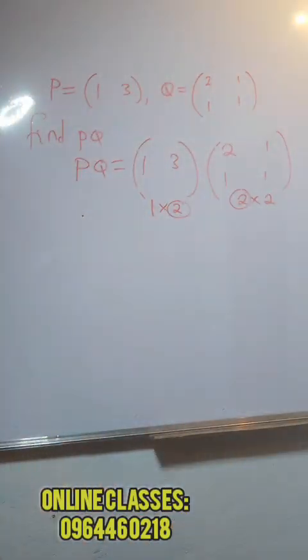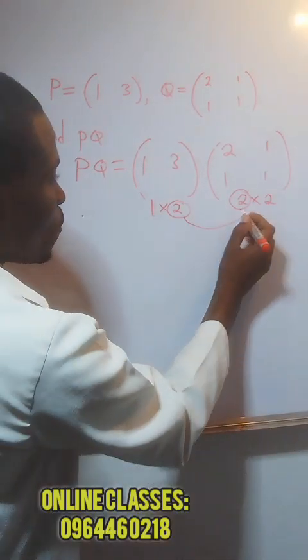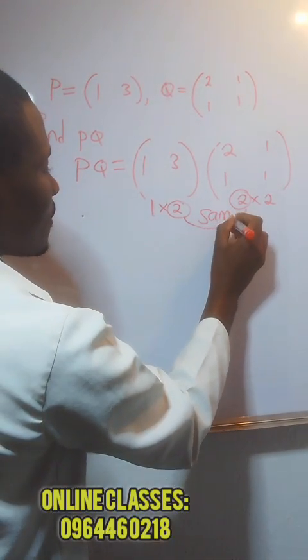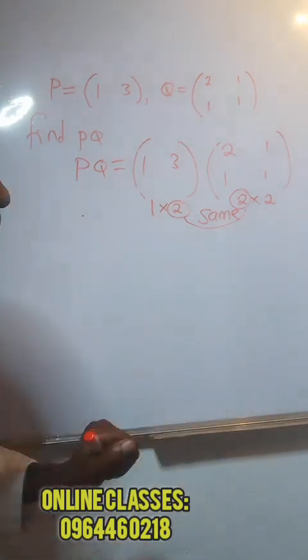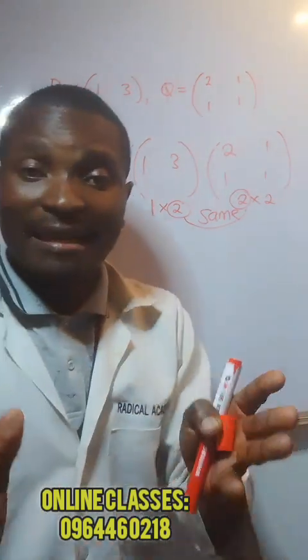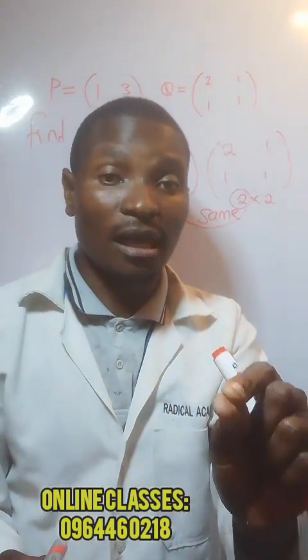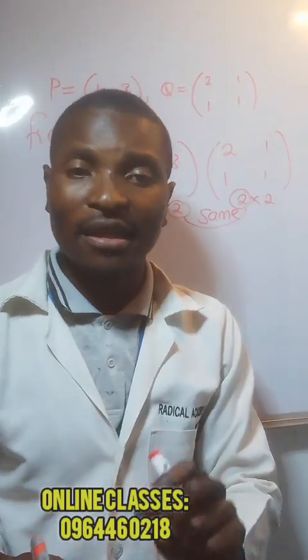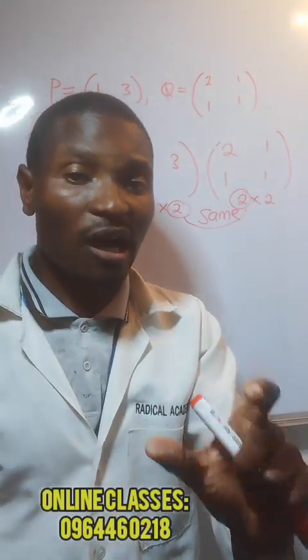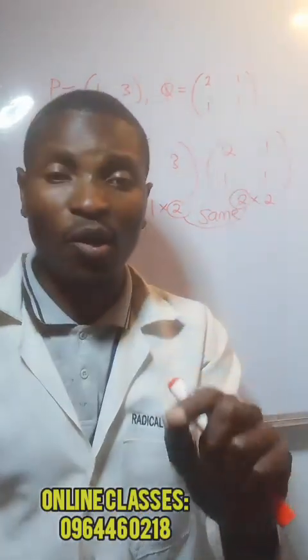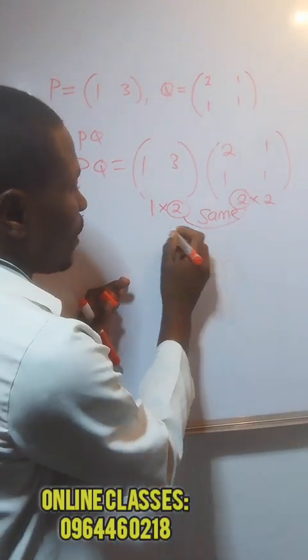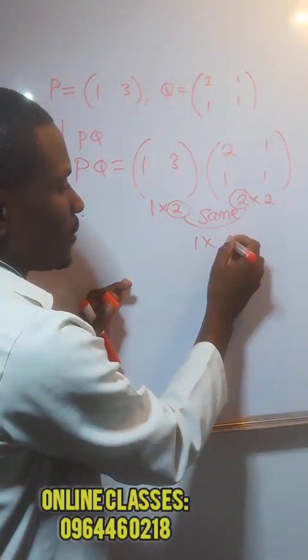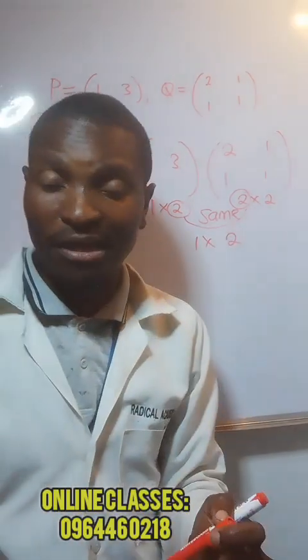So we know that these two are the same. Now, the moment I know that, the order of the answer is going to be the order of the remaining two numbers, so it's going to be 1 by 2.